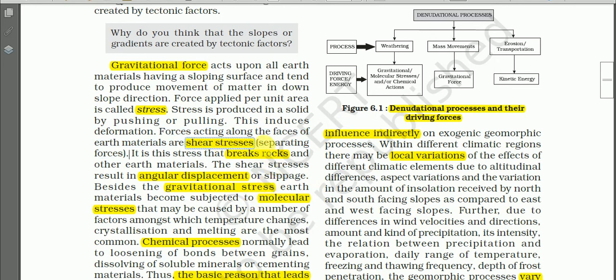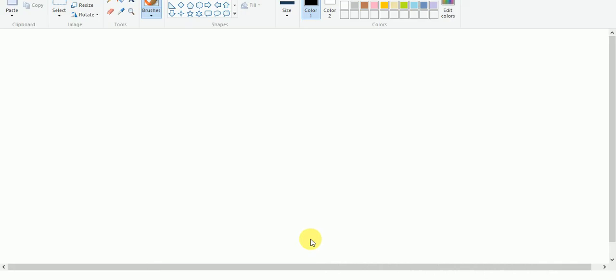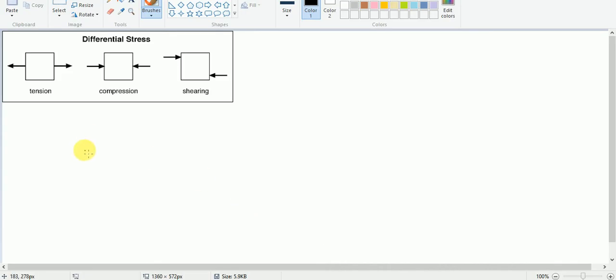That means separating forces, and it is this stress that breaks rocks and other earth material. That means because of the shear stresses, rocks and other earth materials are broken. So these are some types of stresses.